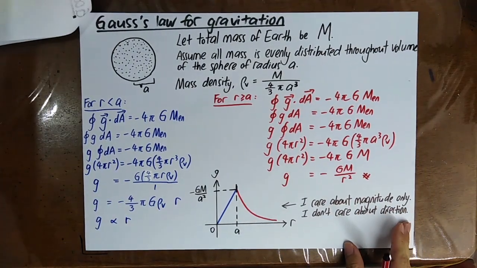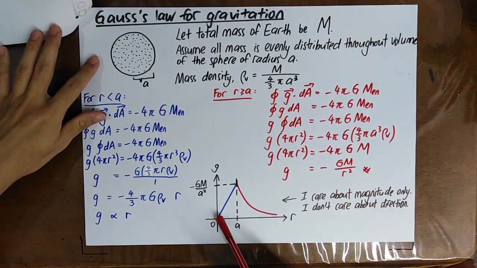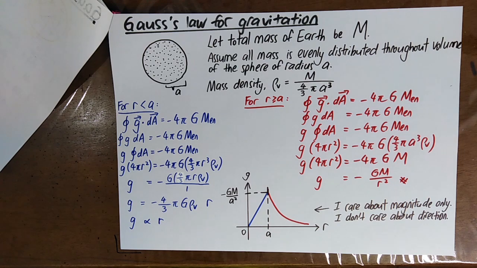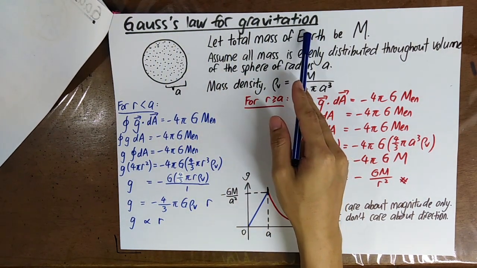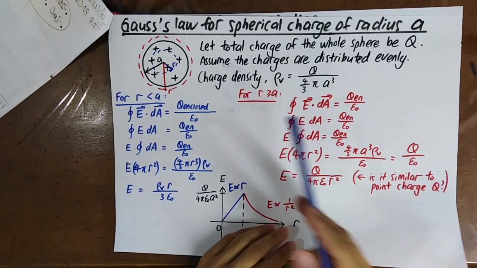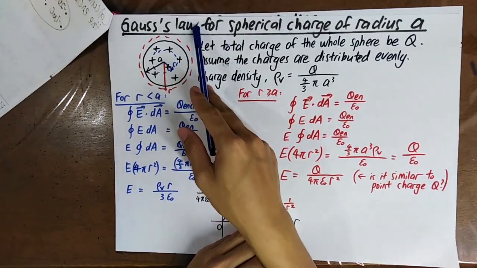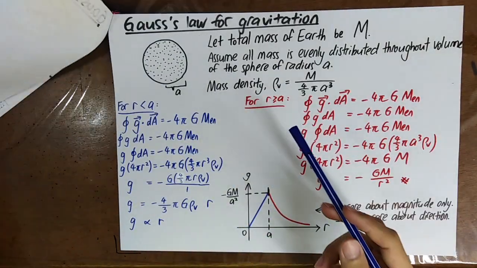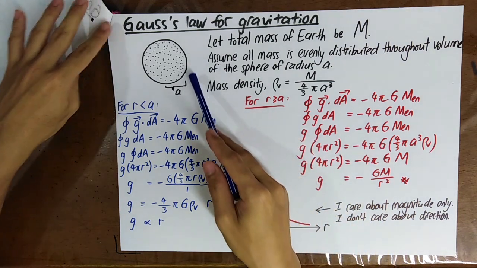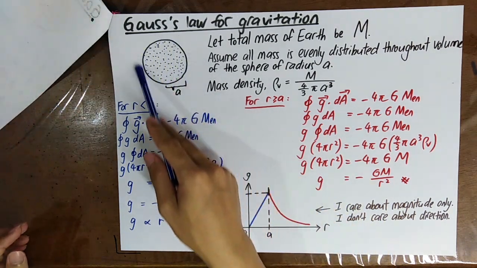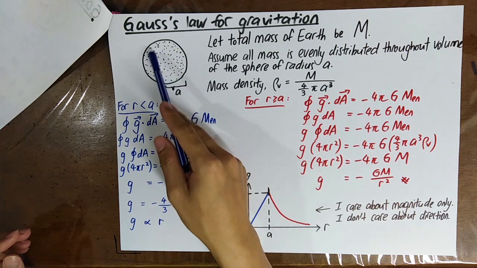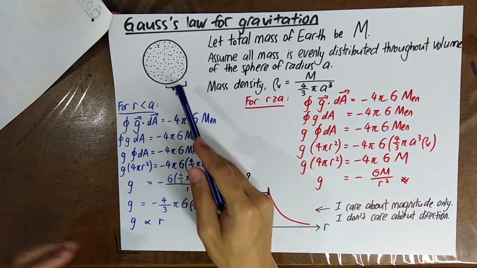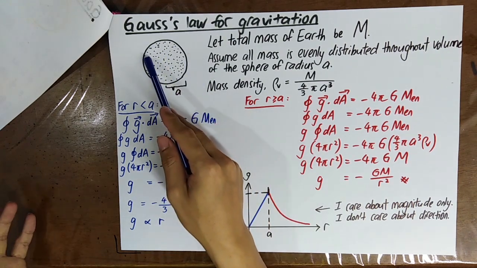This is very similar to what you have learned in the chapter on gravitation. Now we consider Gauss' law for gravitation. Just now you were considering Gauss' law for electromagnetism. Okay, so now you have a spherical volume of mass. For example, maybe this is the Earth.